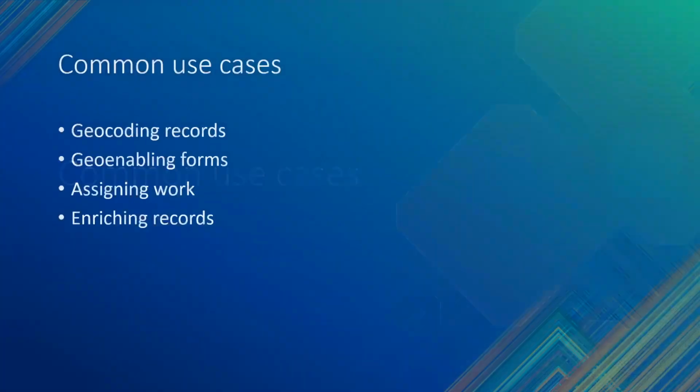Perfect. So as Russell had mentioned, when it comes to those different approaches with integrations, some of the common use cases that get tied to those approaches are ones that you see here, right? So simply being able to geocode records that are within your third-party database or so forth.